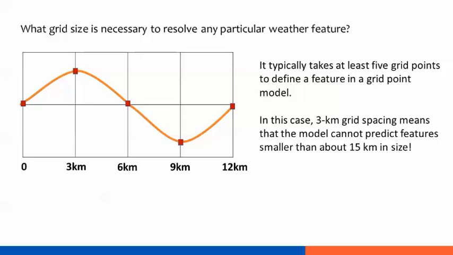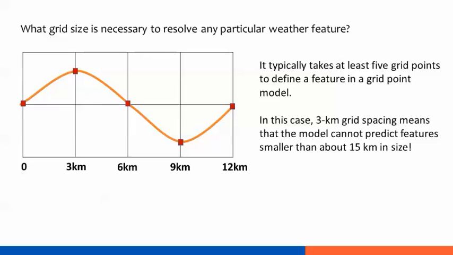What grid size is necessary to resolve any particular weather feature? It typically takes at least 5 grid points to define a feature in a grid point model. It takes about 5 to 7 grid points to get reasonable approximations of most weather features.